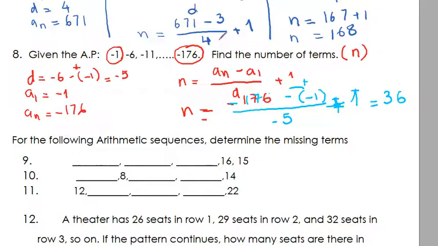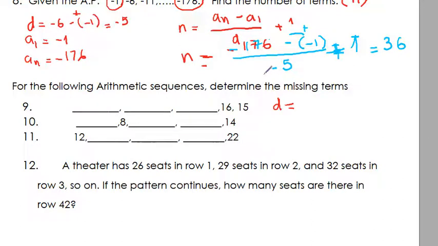That's right. What is d here? So we find d. d here is -1. Why do we know d is -1?